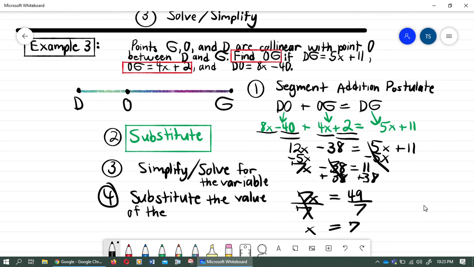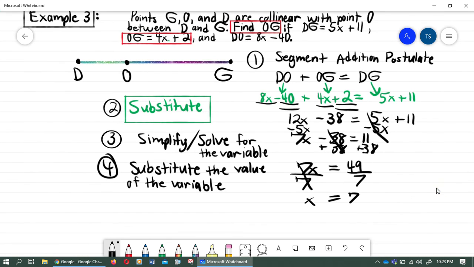That value that we just now found for the variable. We need to plug that into the expression that we're actually trying to find. Into the expression for the length we are trying to find. For the wanted length, the length that we actually want to find.